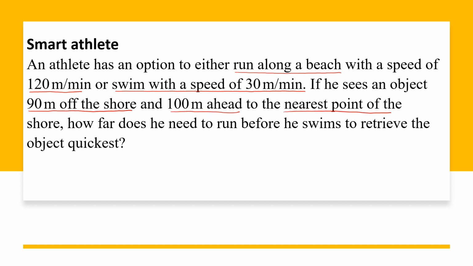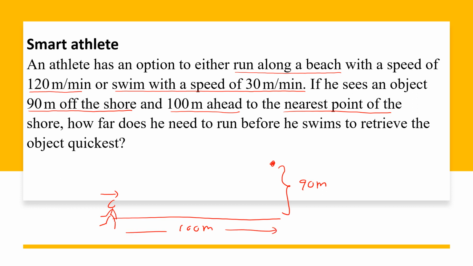So this is the situation, with a shore. You're going to see an object somewhere here. It says 90 meters off the shore, and this is where the athlete is. So it's going like that, and this is 100 meters here. That's the situation: 100 meters ahead and 90 meters off the shore, and that's where the object is.